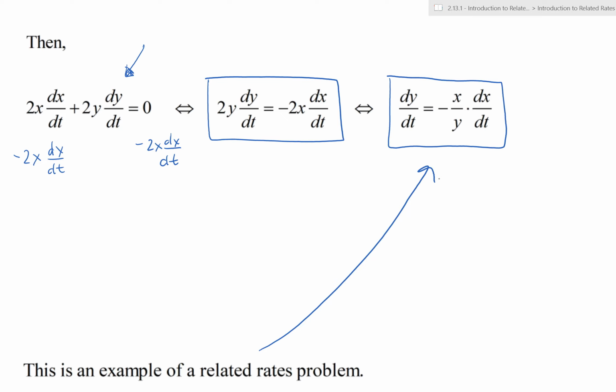The important thing is that on the right-hand side there's another derivative, dx dt: how does x change with respect to t? So this equation relates rates. That's the topic we want to start getting into: situations in which one rate depends on one or more variables, but also depends on at least one or more rates as well. Rates that are related rates.